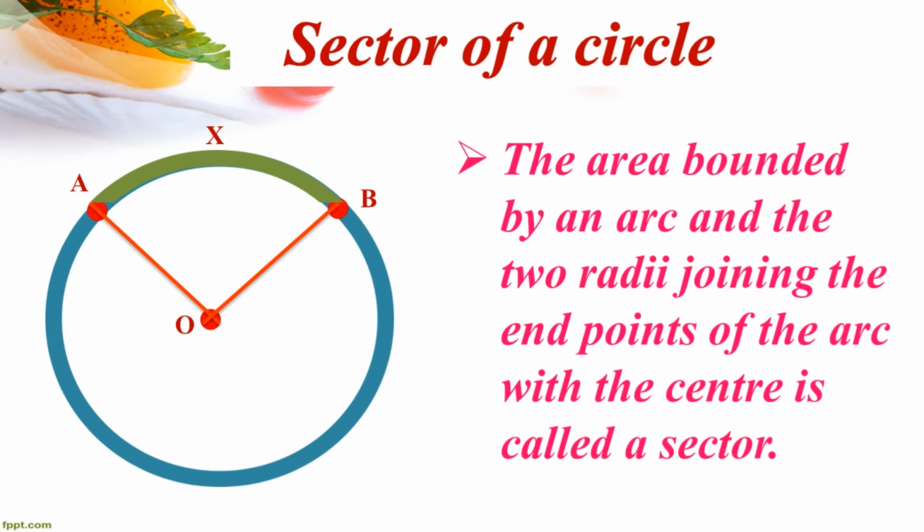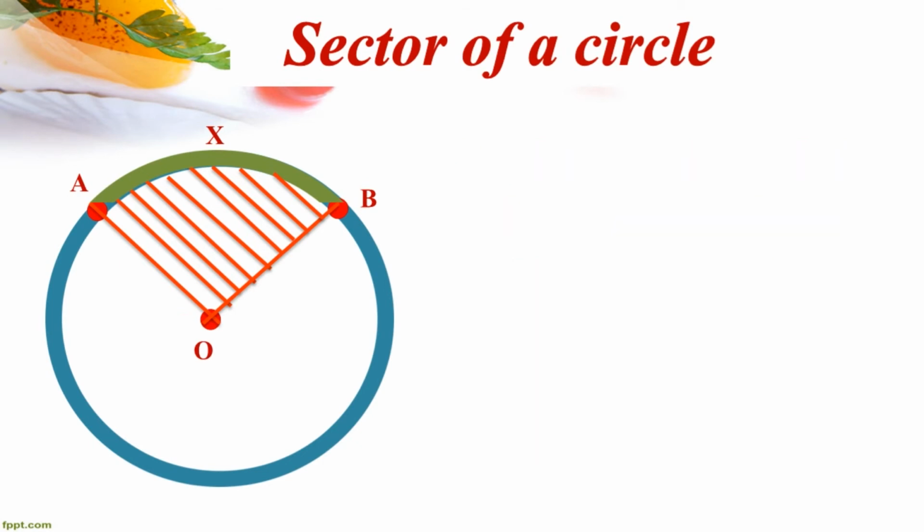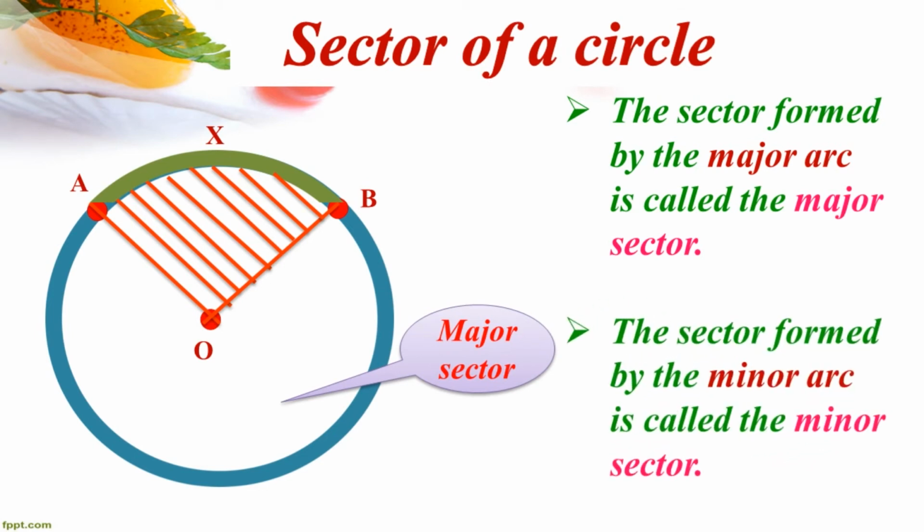So here the region bounded by an arc and the two radii drawn from the endpoints of the arc to the center is known as the sector of the circle. Now coming to types of a sector. So very simple. The sector formed by the major arc is called the major sector, and the sector formed by the minor arc is called the minor sector.